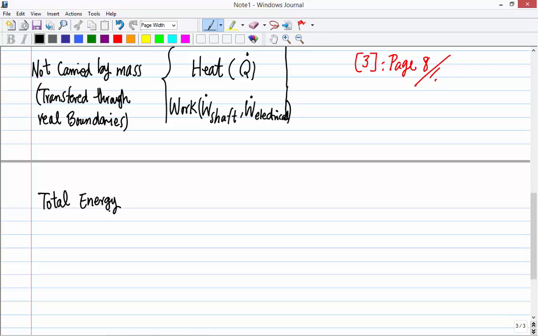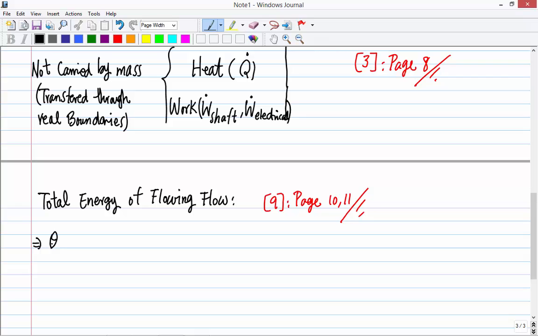Total energy of flowing flow. Please take a look at number 9, pages 10 and 11. Thanks. So this is how we define the total energy.